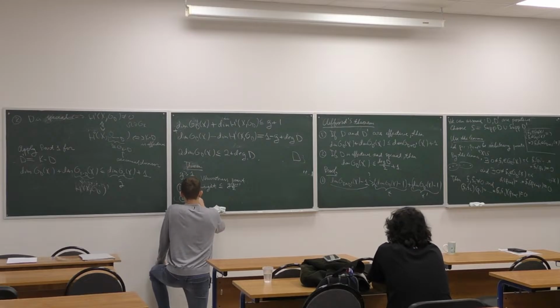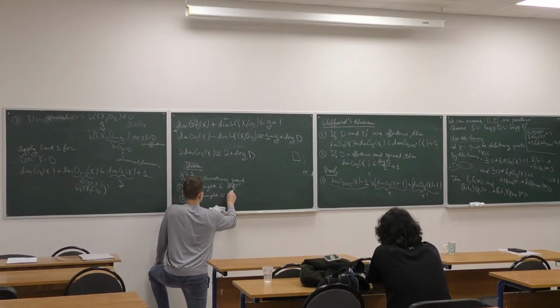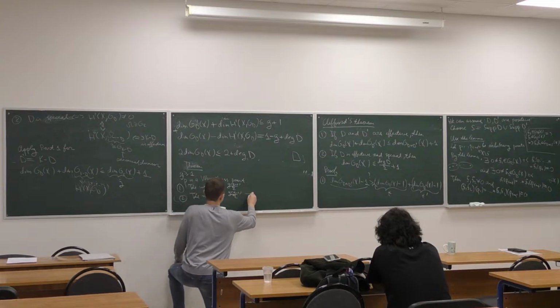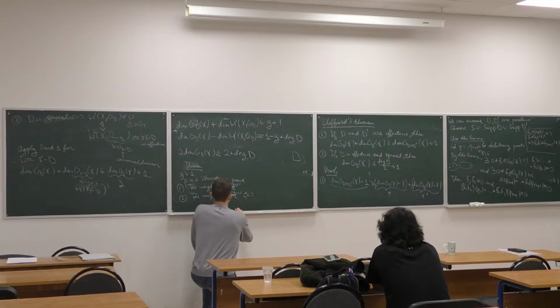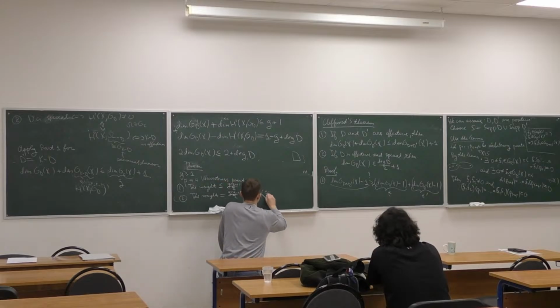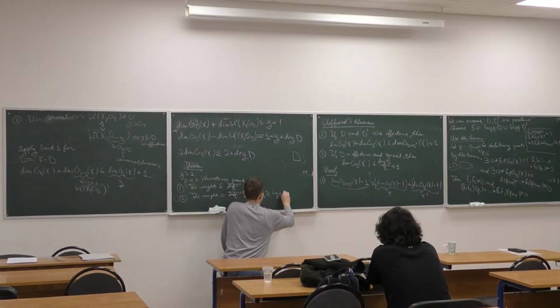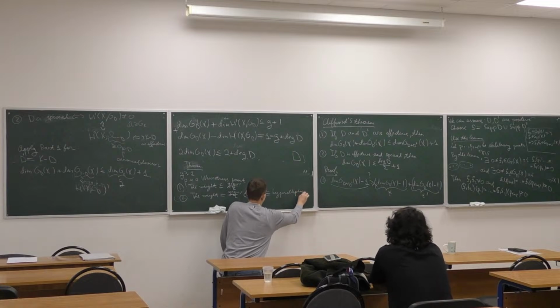And then the weight is equal to g times (g minus 1) over 2 if and only if X is isomorphic to a hyperelliptic Riemann surface.